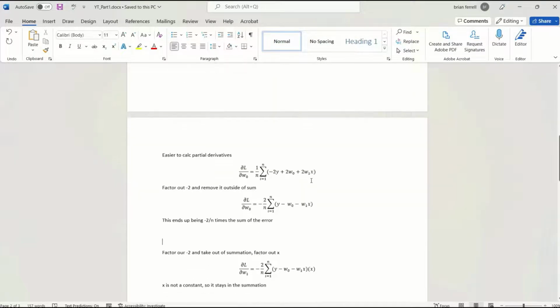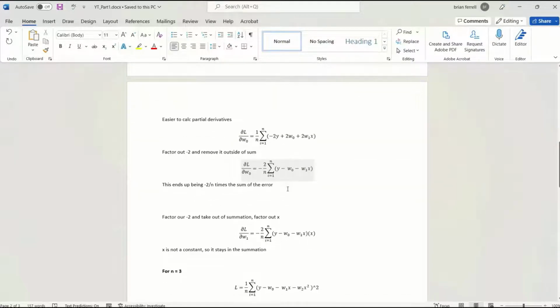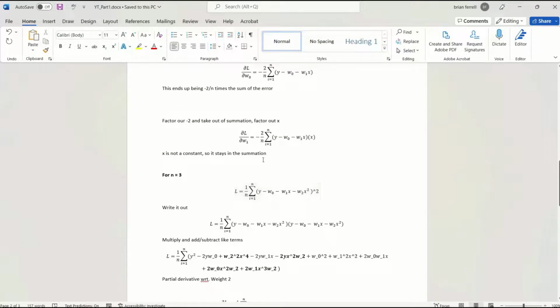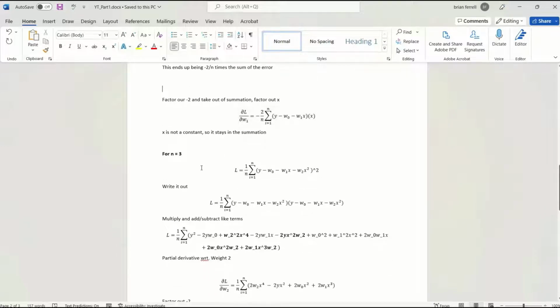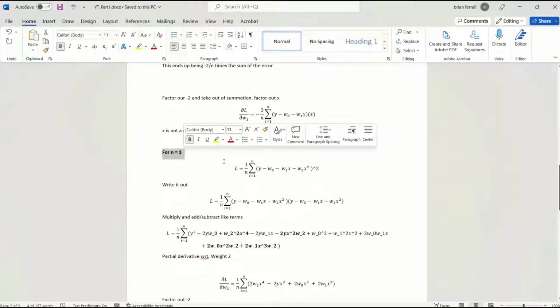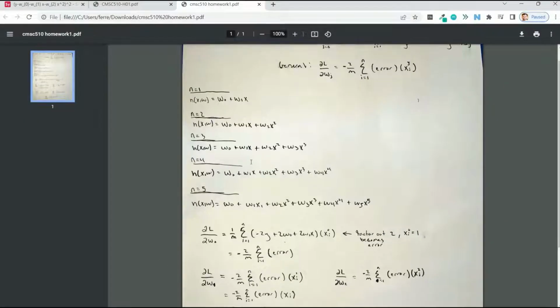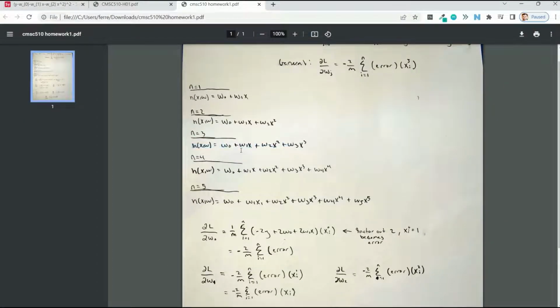So let's start with n equal to 3. When n is equal to 3, we have this model right here, which is our bias plus all the weights times our training data, and every iteration gives an n plus 1 exponent.